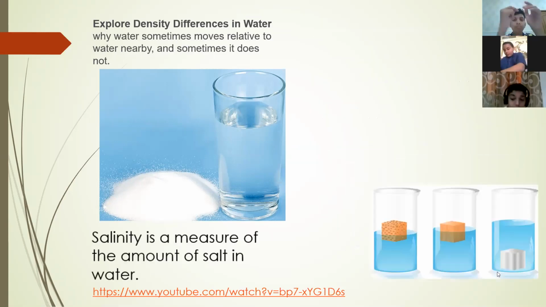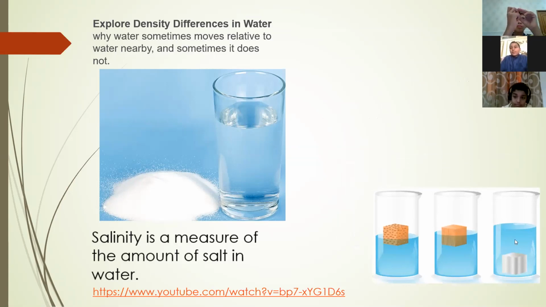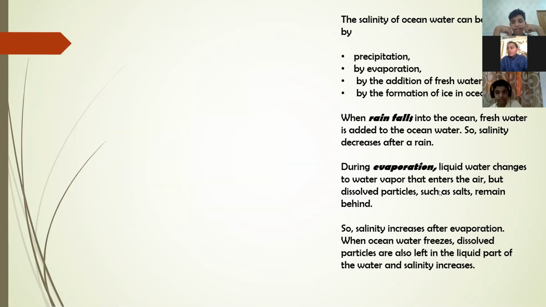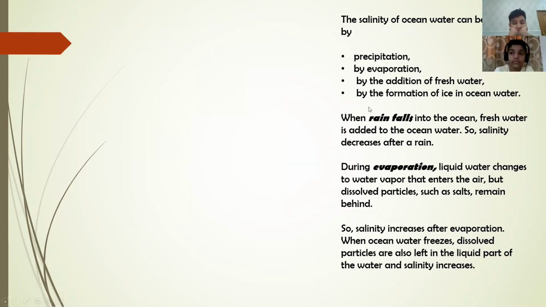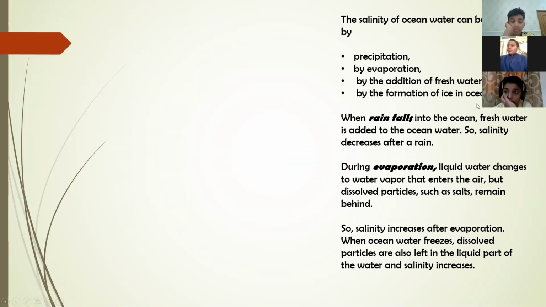Even from the video we watched, you can see that different things and different particles float in water. Some will sink and some will float, depending on the density. And when we are talking about the salinity of the ocean, it depends on the precipitation, evaporation, addition of fresh water, and the formation of ice in the ocean water.